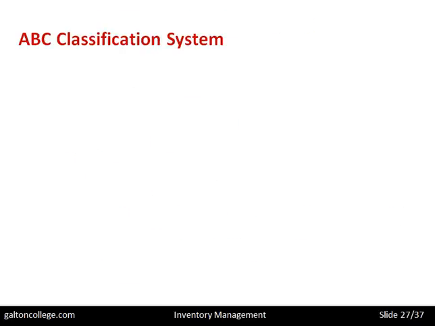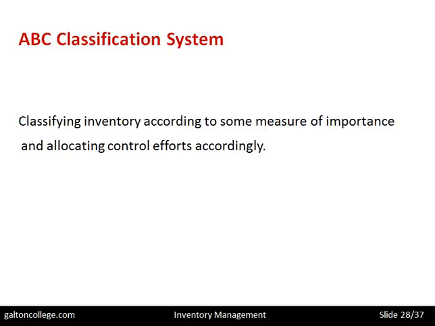The ABC classification, well, classifying inventory according to some measure of importance and allocating control efforts accordingly. So in this case, the stores appreciates that some items of stock will be expensive, maybe fragile, maybe need special attention. Other items are cheap and easily replaced.